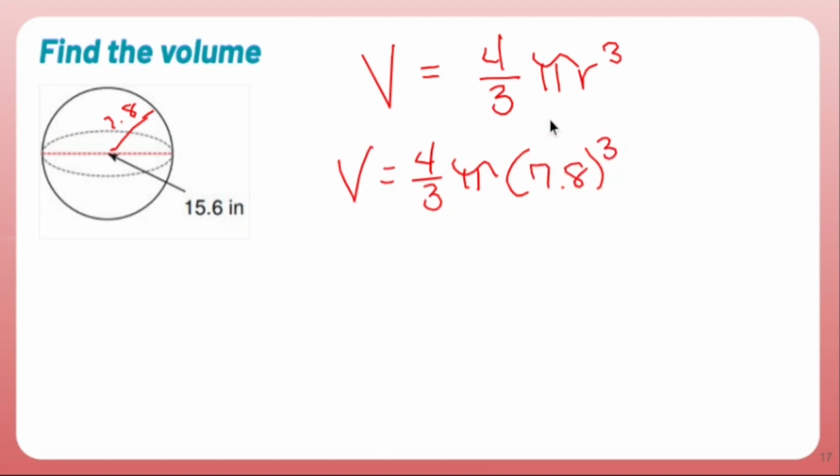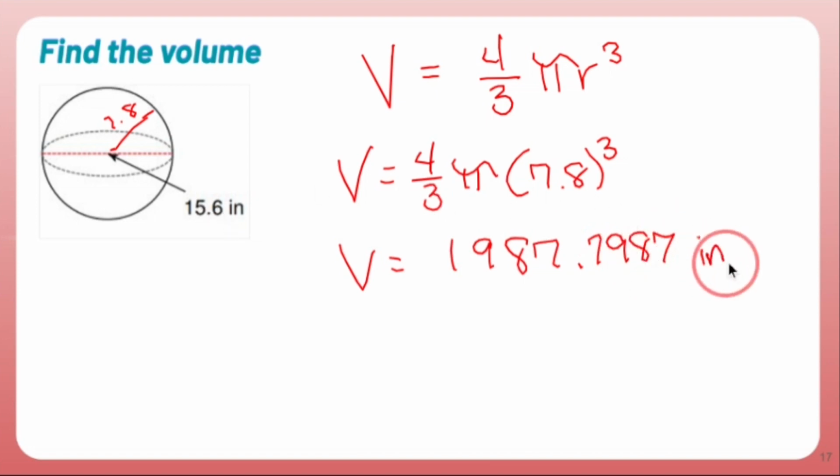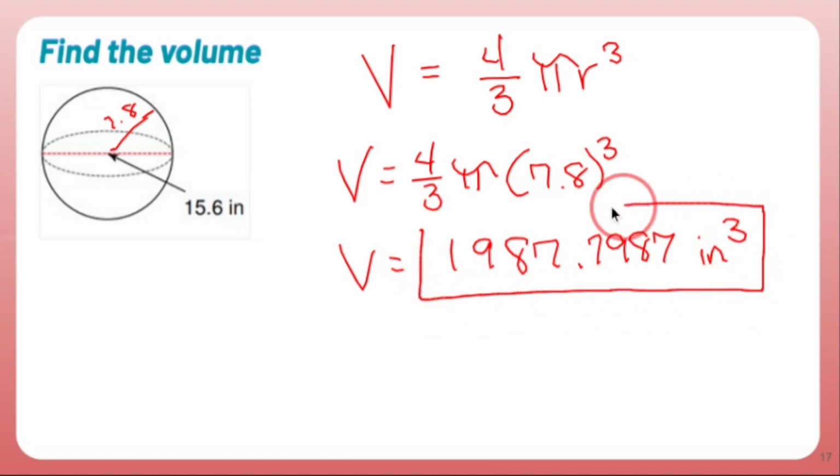Let me say that again so Siri hears me. 4/3 times pi times 7.8 cubed is 1,987.7987. I'm going with all the digits that Siri gave me. It's inches, so inches cubed. Why cubed? Because this is volume and you do units cubed for volume. All right, volume of a sphere, nothing new, nothing crazy.